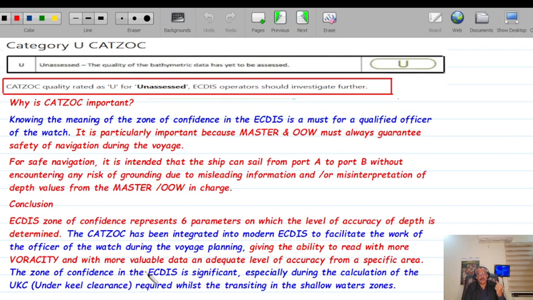The zone of confidence in the ECDIS is significant, especially during the calculation of the UKC required while transiting in the shallow water zones. That's what I said.